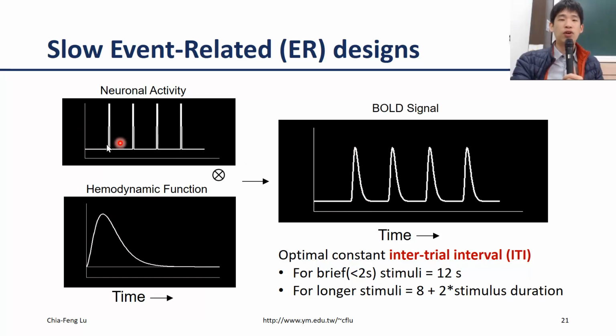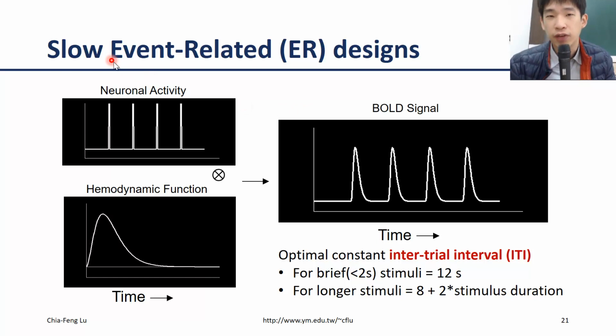Okay. So for every single neuronal activity, you anticipate that the BOLD signal will look like this one. If you have a sufficiently long time interval between two neuronal activities, you will see the full BOLD signal profile, and this profile will be pretty similar to the hemodynamic function. So if you are eager to identify the hemodynamic response function, slow event-related design can definitely help you do so.